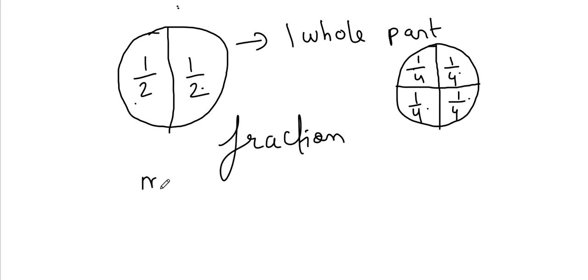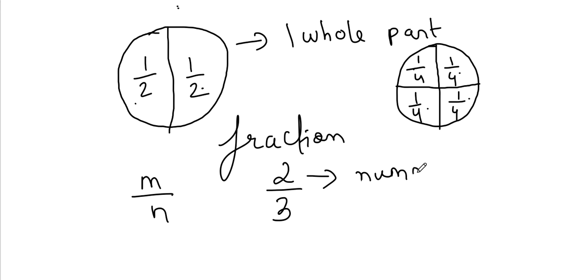If any number is in the form of m upon n, where m and n are integers, we say it is a fraction. For example, 2 upon 3 is a fraction. 2 is called the numerator. The one at the upper part is called the numerator, and the one below is called the denominator.